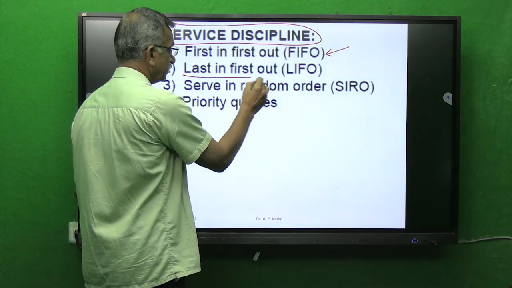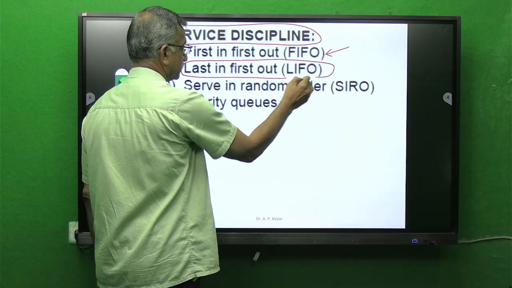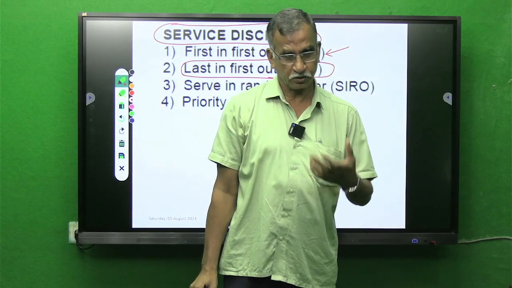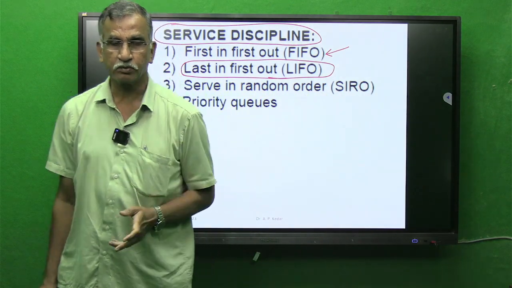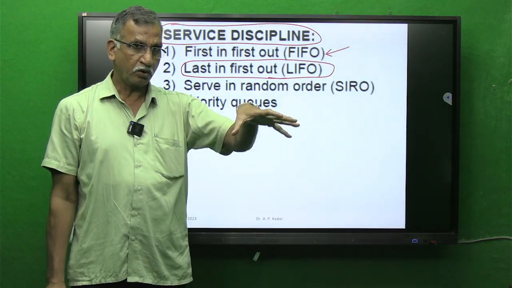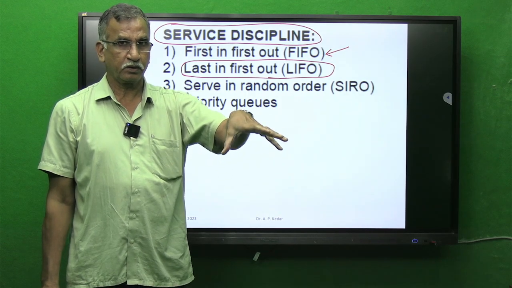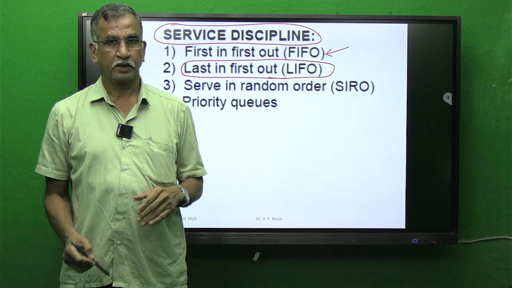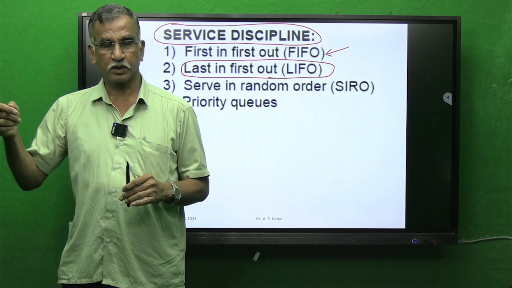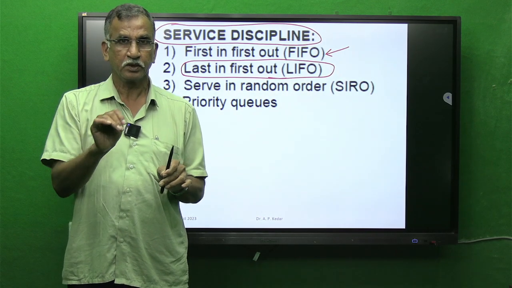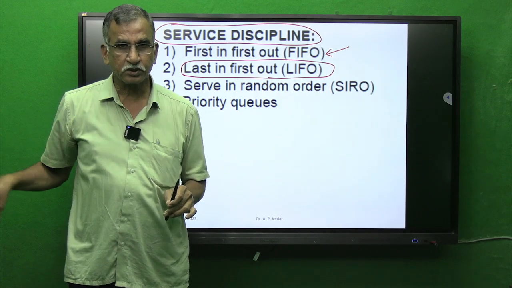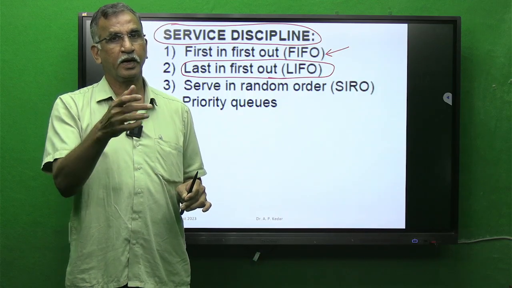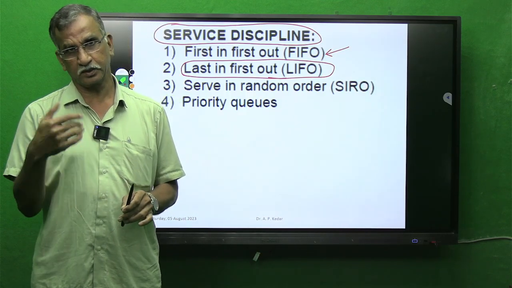Second is last in, first out. This is the biased system which in general people don't like. Suppose I am standing at a reservation counter and I am on the way of getting my turn right now, or I am just one customer behind, and I have been in that waiting line for 4 hours, and a person who is just coming at the 11th hour joins the queue ahead of me and gets his reservation done.